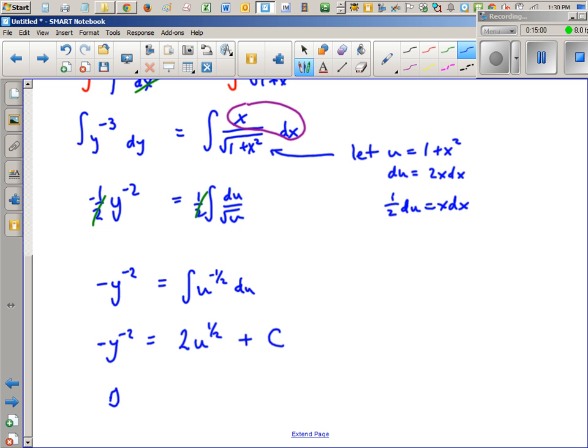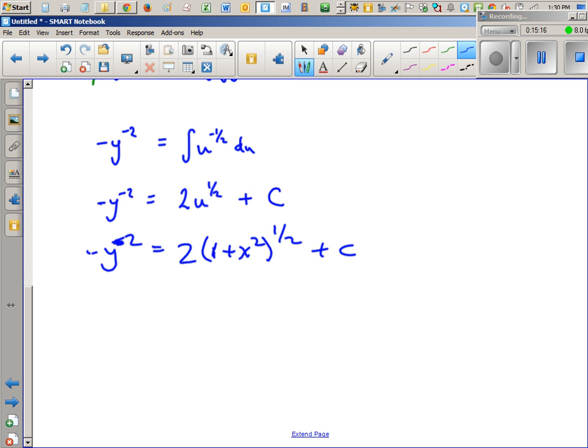So I get negative y to the minus 2 equals 2 times 1 plus x squared to the half plus c. And this is my implicit general solution. If you want to title it, you can. It just means we haven't yet isolated y.